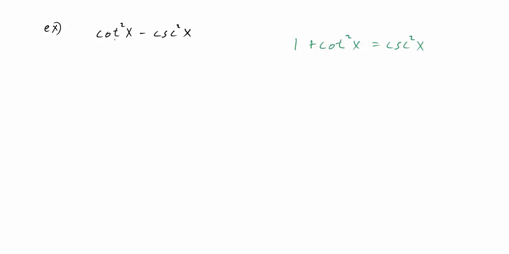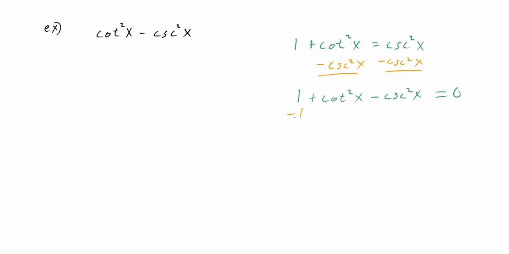Now we want to come up with cotangent squared minus cosecant. So that means over here we need to subtract the cosecant squared from both sides, because then we would get cotangent squared minus cosecant. So if we do that, we would then have 1 plus cotangent squared x minus cosecant squared x equals 0.